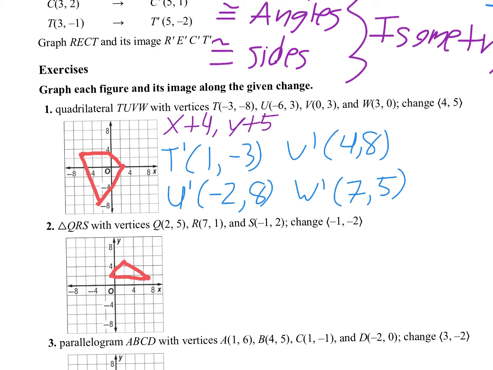So go ahead and graph those in. T prime at (1, -3). U prime at (-2, 8). V prime at (4, 8). And W prime at (7, 5). Connect our dots for our translated figure.